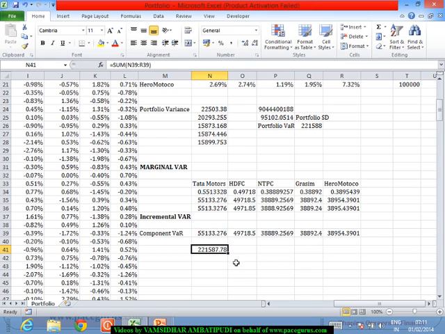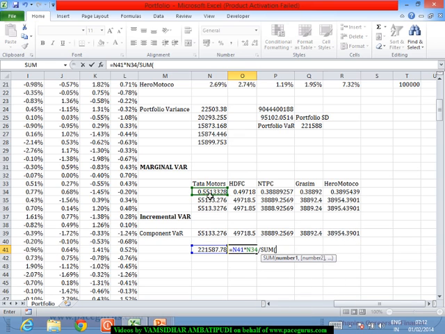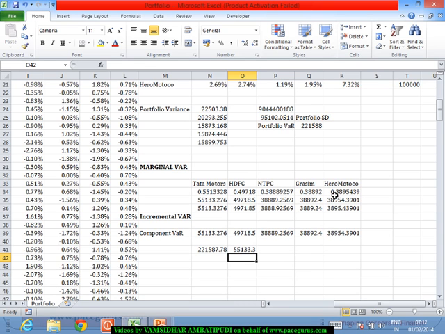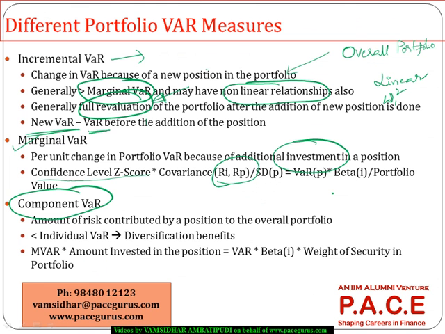If I want the component VAR, you take the diversified portfolio VAR and multiply it by the proportion of the marginal contribution, which is nothing but this divided by the summation of all these, which is nothing but the marginal VAR. So I can link the marginal VAR with respect to the component VAR using this kind of a mechanism.